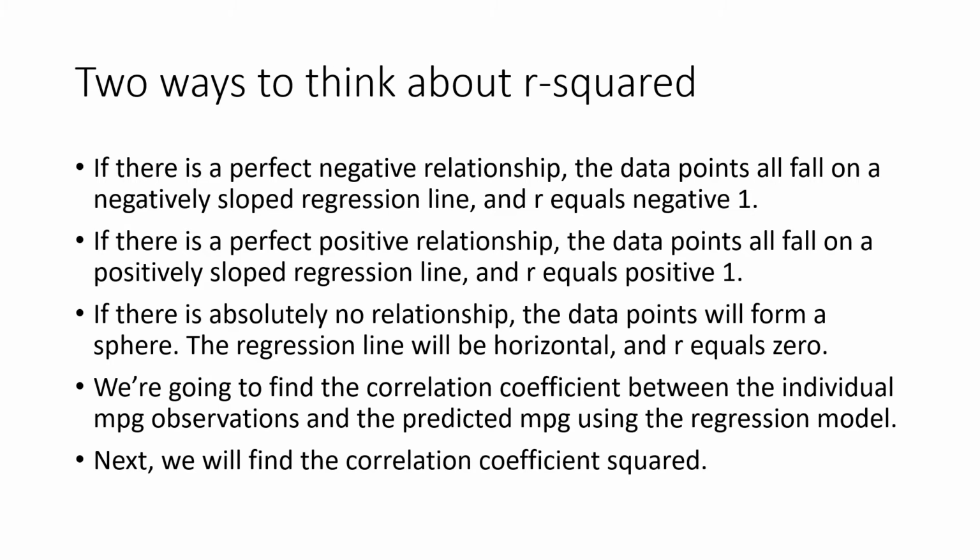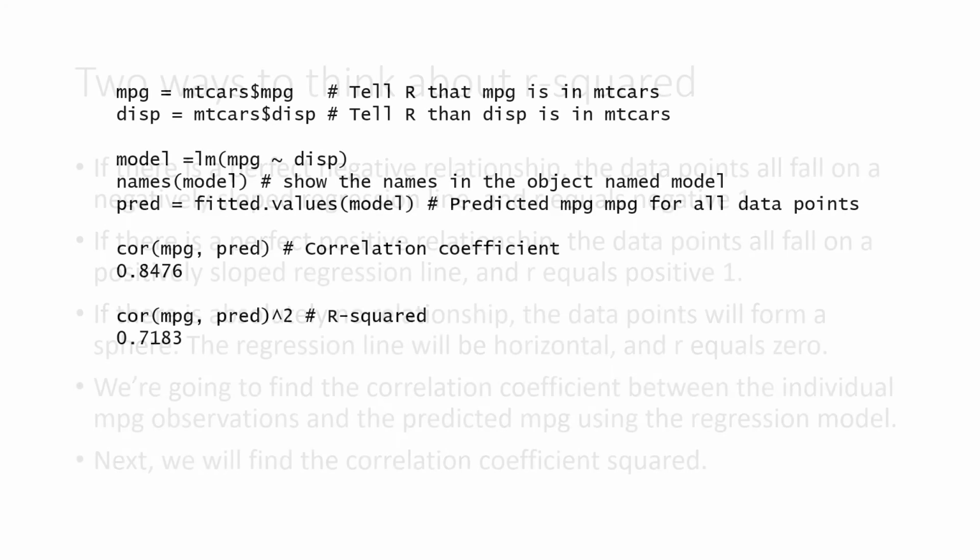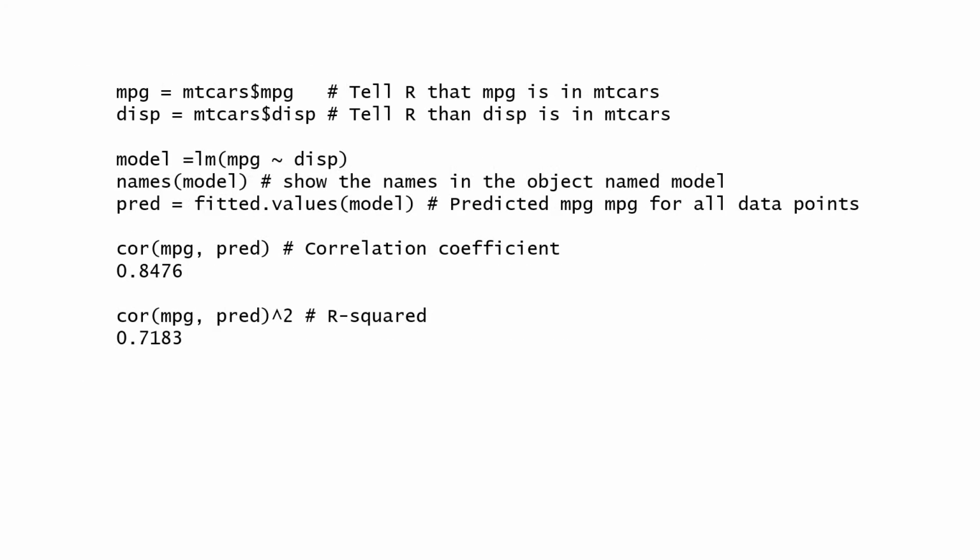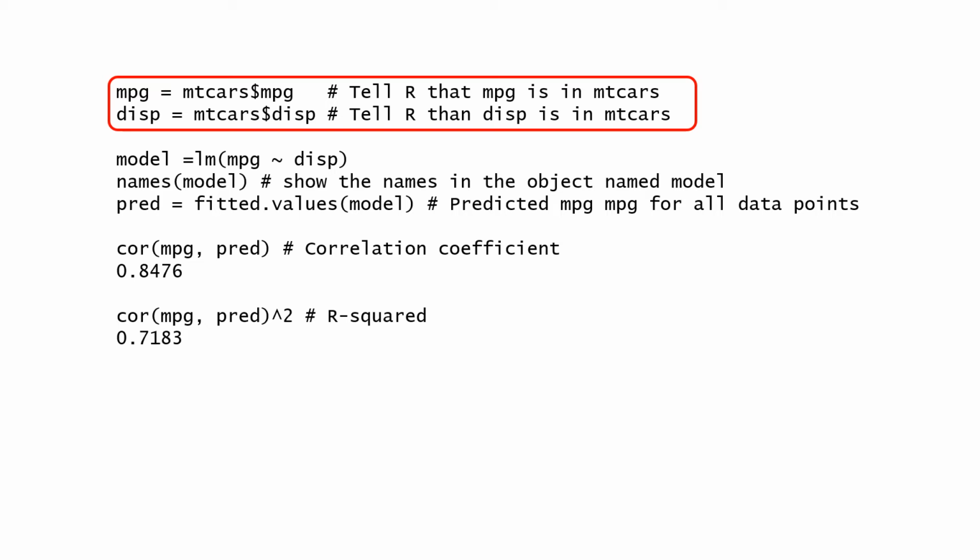We're going to find the correlation between the individual MPG observations, keep in mind these are our y values, and the predicted MPG for each data point using the regression model. Next, we're going to find the correlation coefficient squared. The first two lines of code tell R that our variables MPG and DISP are in the MTCARS dataset.